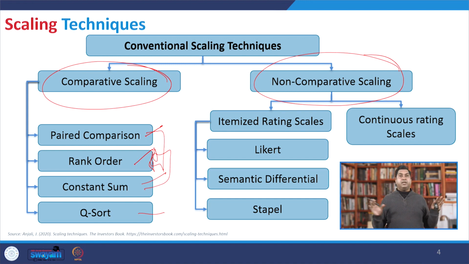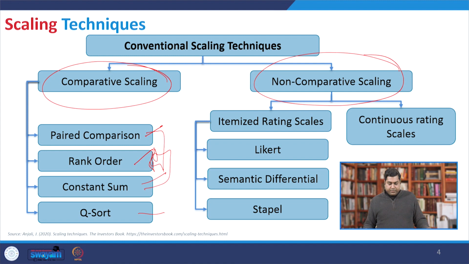Say for example, out of these 100, the top performers having a performance score above 80, we group them, and then those who are performing poorly we group them, and then we can make a comparison. So the sorting is done. Out of all items to be measured, we just sort them into different baskets.